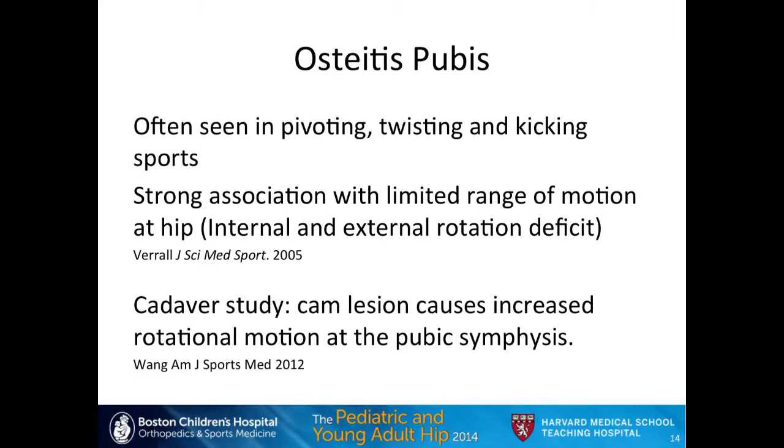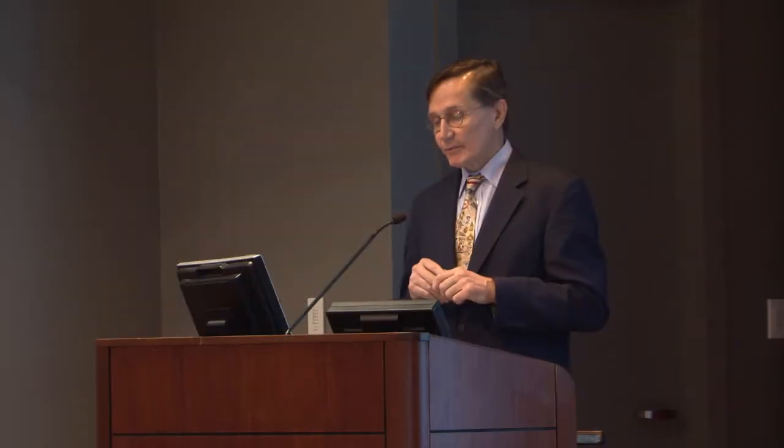Now, moving right to the center, you have the symphysis pubis involved with osteitis pubis, and what the problem has been is that if you go back and look at Williams back in the 70s, he actually described that abnormalities about the hip motion were associated with abnormal motions at the symphysis pubis.